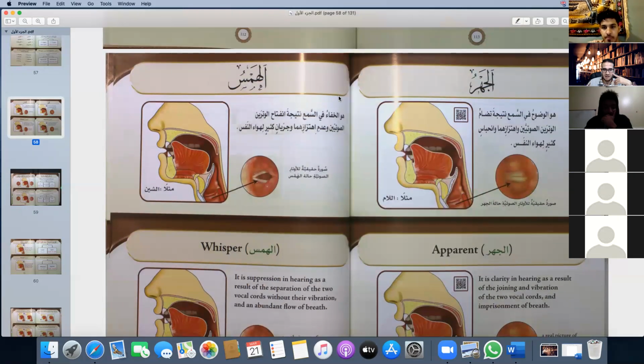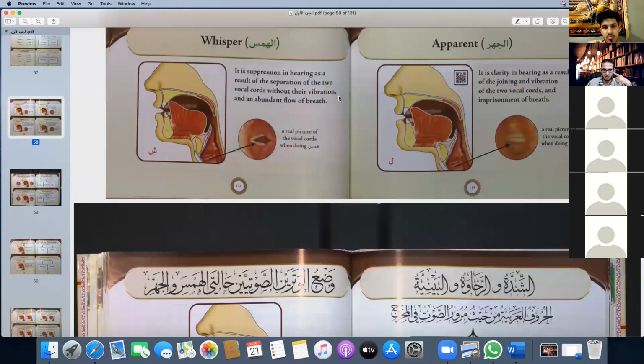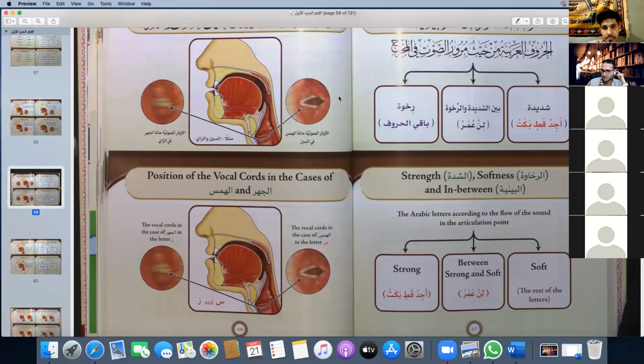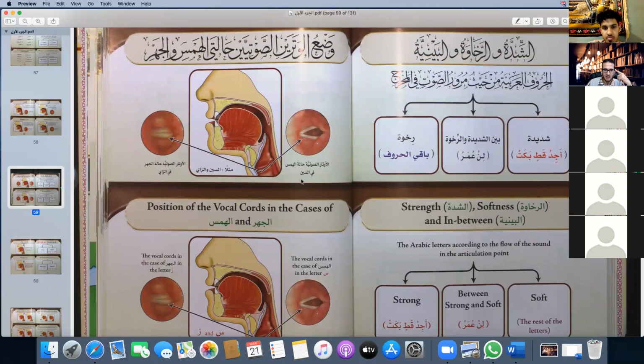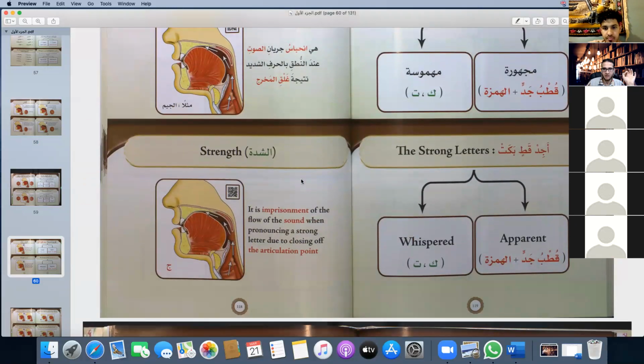In the last session, we covered al-hamas and al-jahr, whisper and apparent, and we came to shidda, rakhawa, and bayniya. Shidda means strength.